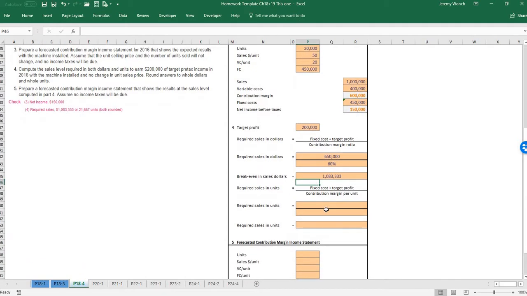So in the second part, we want to go ahead and do that in units. And so the only change in our formula here, instead of using the contribution margin ratio, we want to use the contribution margin per unit to give us a result that's in units. So our numerator is the exact same, so we can just grab that right here. And now we just divide that by our contribution margin per unit, which we calculated at 50 minus 30.